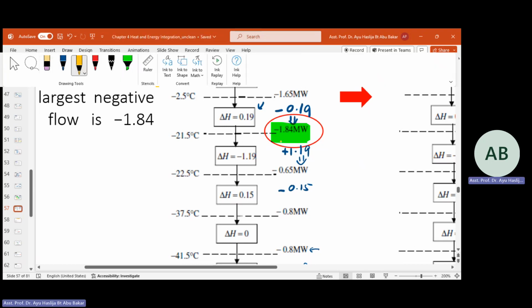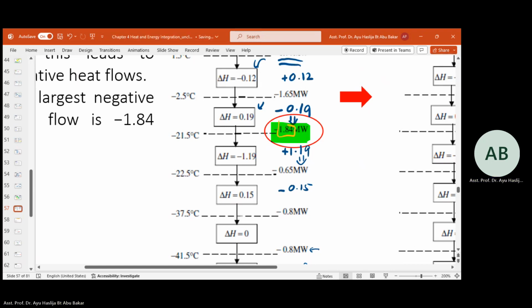I mean the highest number with negative value.